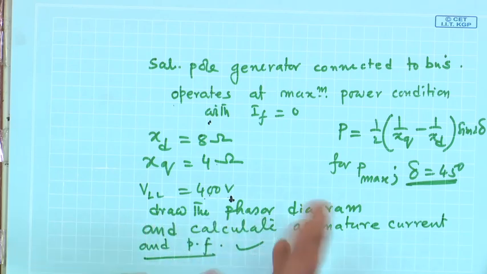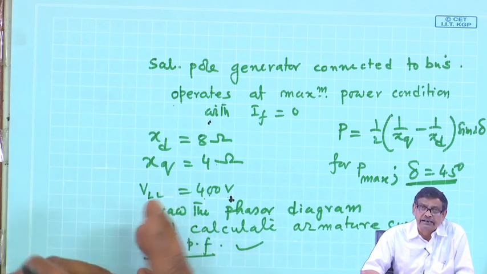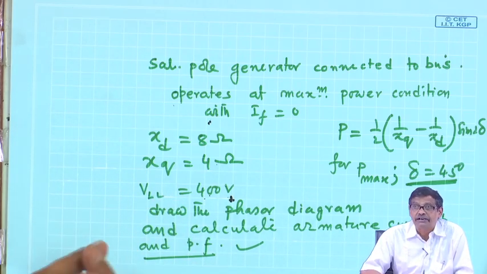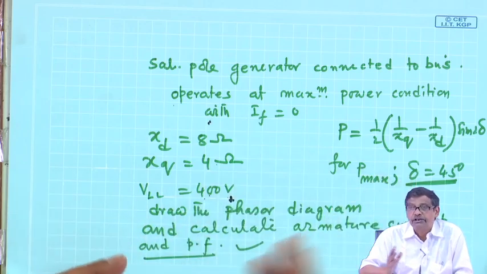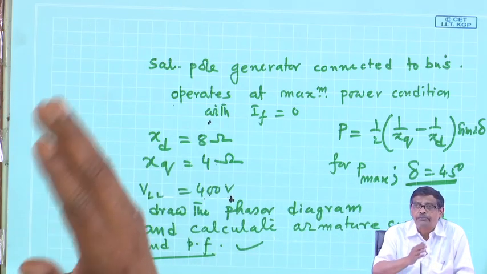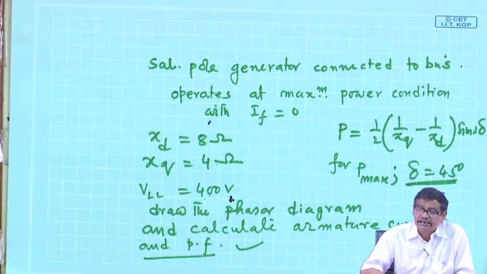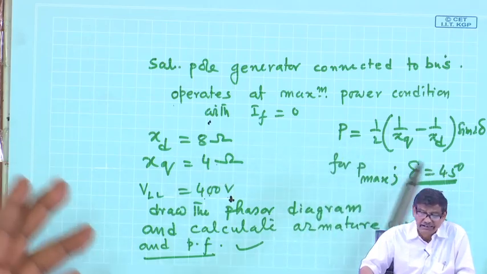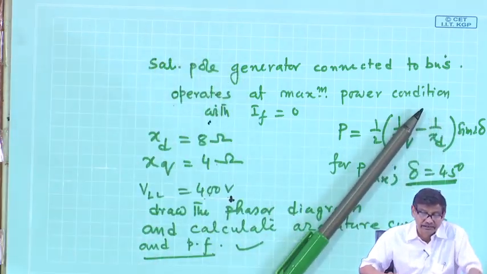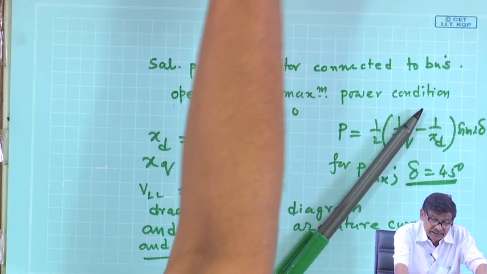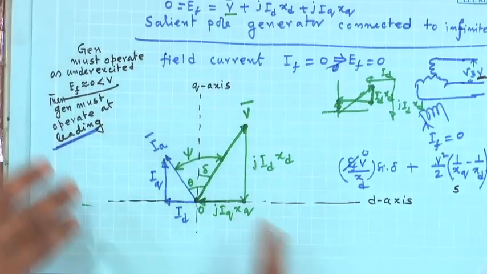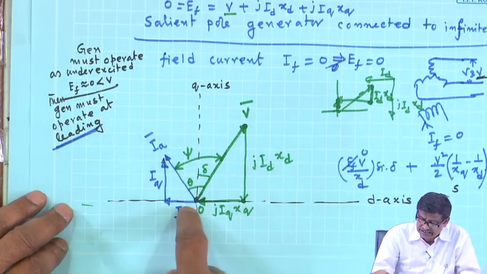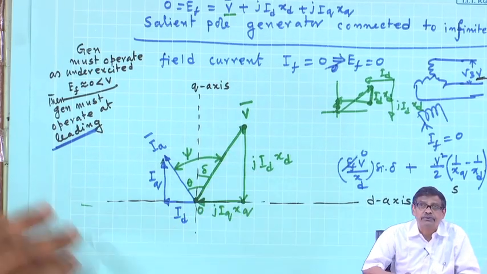For a synchronous motor or generator, I must see whether it is under excited or over excited, then I will draw the armature current. First I fix the Q and D axes, then you find ID and IQ, and then complete the phasor diagram. In case of excitation 0, it will be a single triangle of this kind. In generator mode, it will be a single triangle, of which this side is given and this side I will be able to calculate.